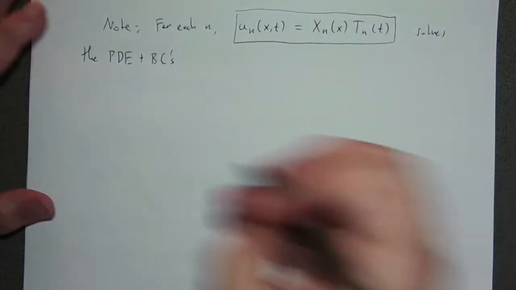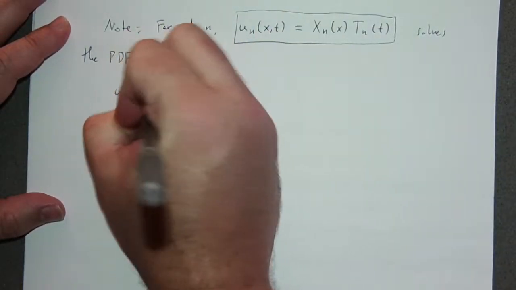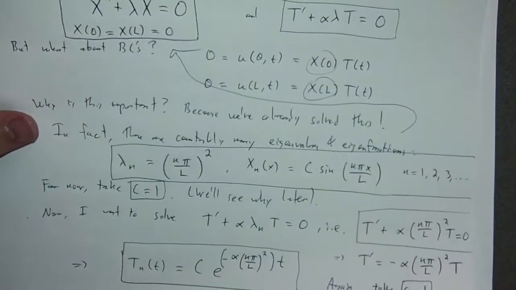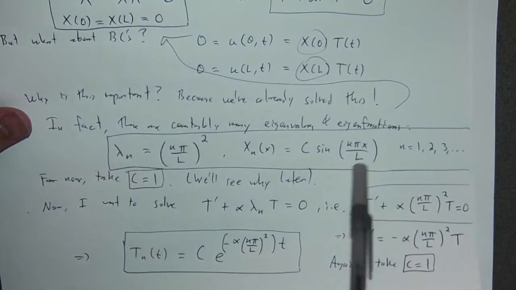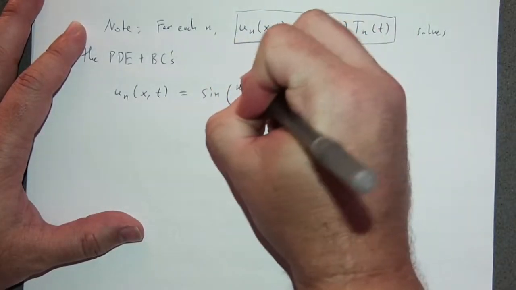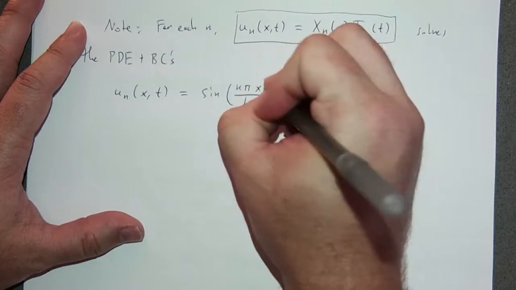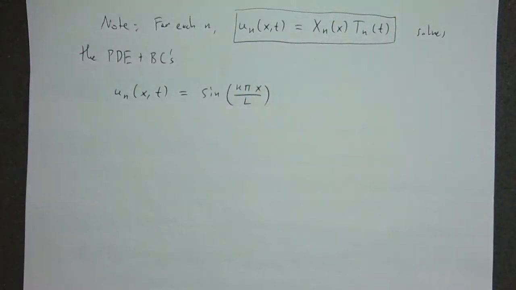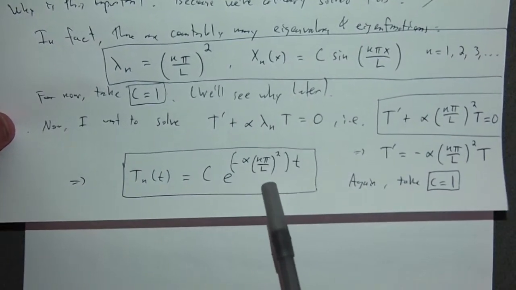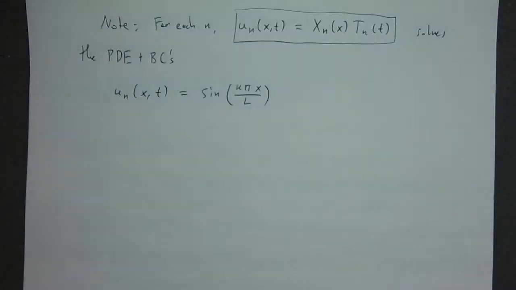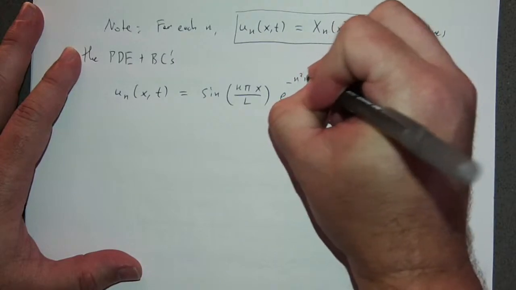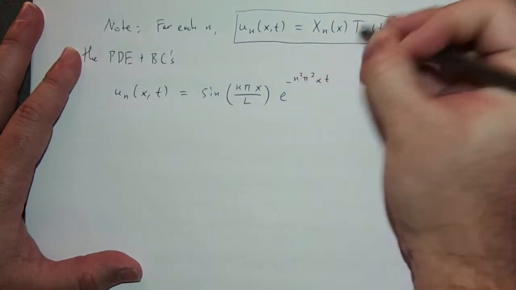Let's actually write this out just for emphasis here. u sub n of x,t is what here in this case? x sub n is sine n pi x over L. This is sine of n pi x over L times t sub n, which we just found is e to the minus alpha times n pi over L squared t. So we'll write it like this. This is e to the minus n squared pi squared alpha t over L squared.